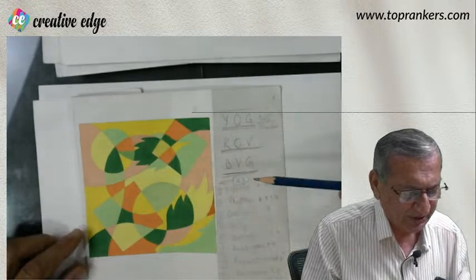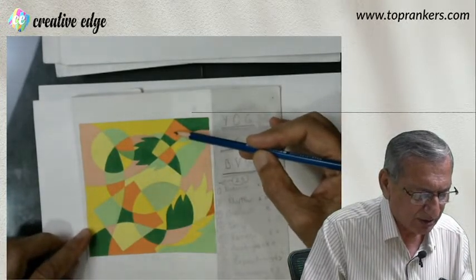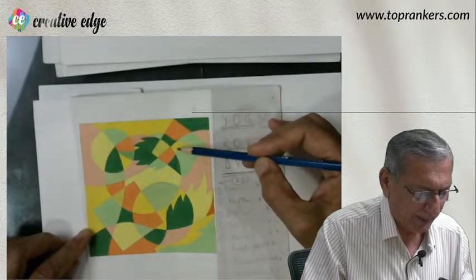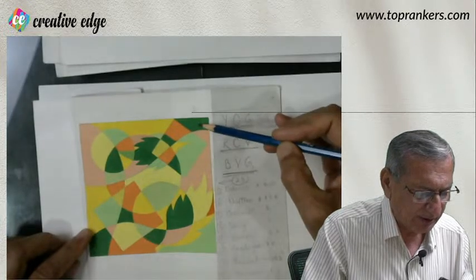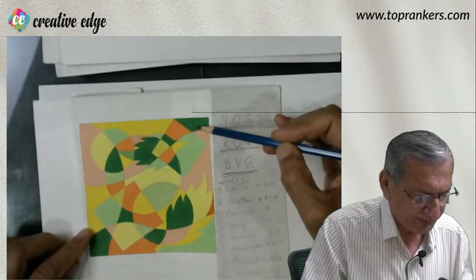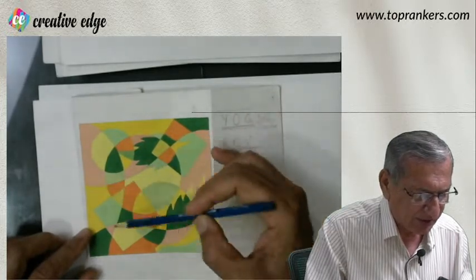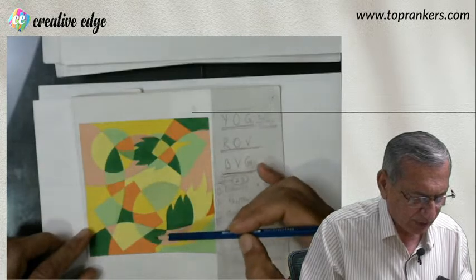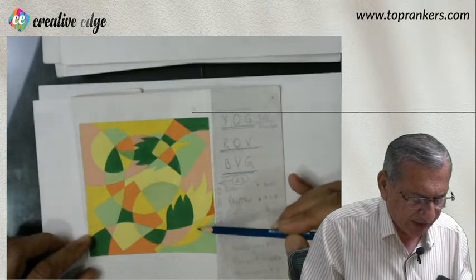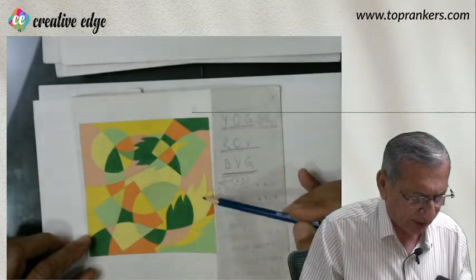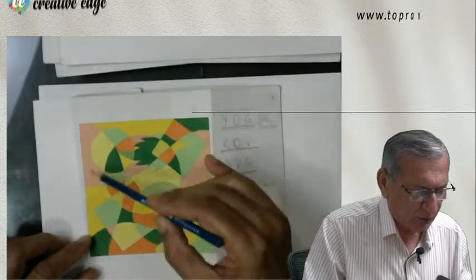For example, in this case, it is use of green, orange and yellow. Orange contains yellow and red, green contains yellow and blue. Then tints of orange, as you can see the peach color. Tints of green, as you can see the leaf green color. Shades of yellow, as you can see the deep yellow and lemon yellow. Those are the colors used in this.